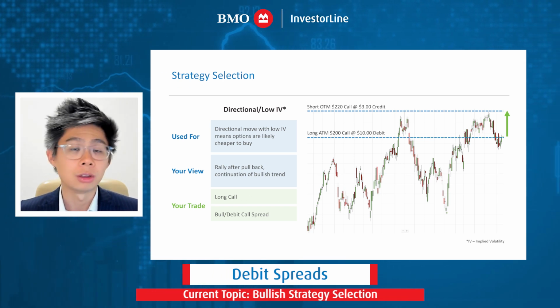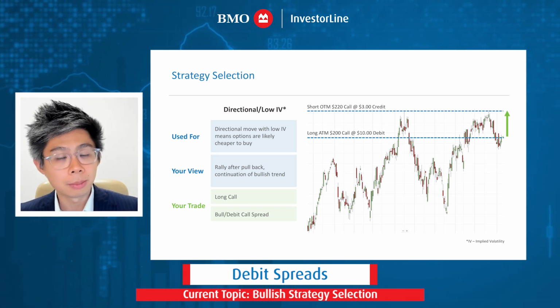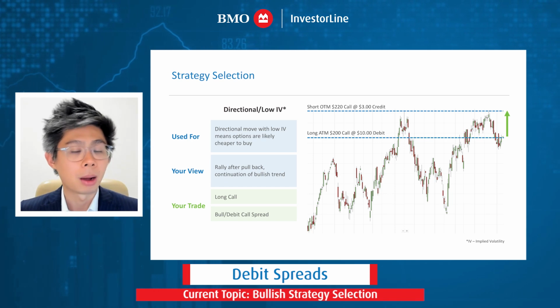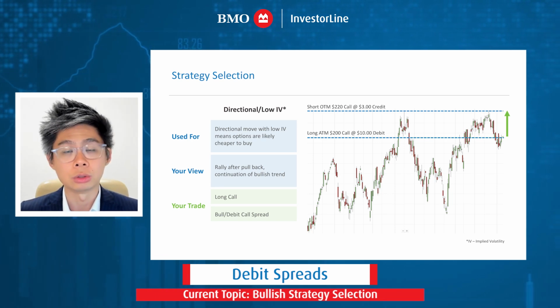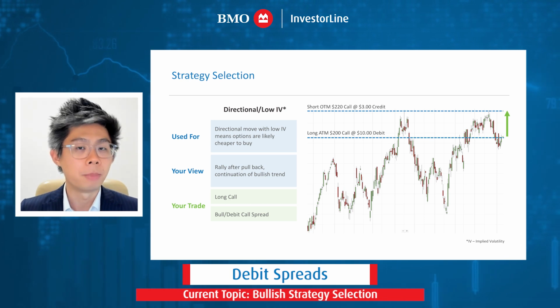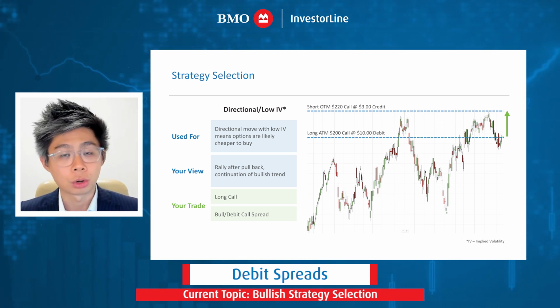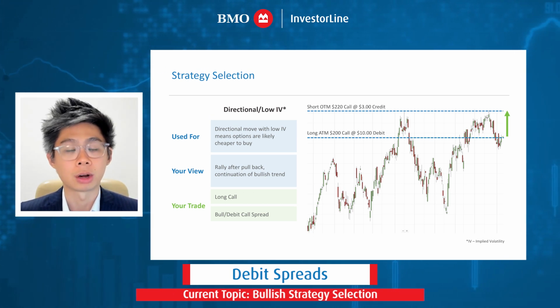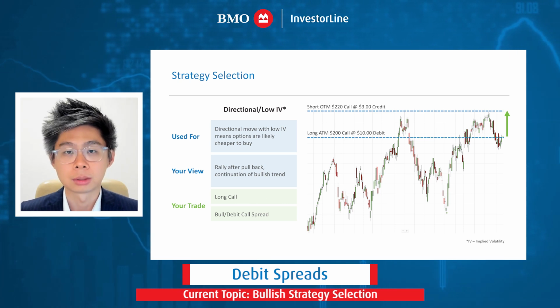You have the choice of either using a long call or a debit spread in these types of examples. But like in the scenario we showed you, many times you might find that the debit spread will give you a better risk to reward ratio the majority of the time when you use these types of directional views in the overall markets.